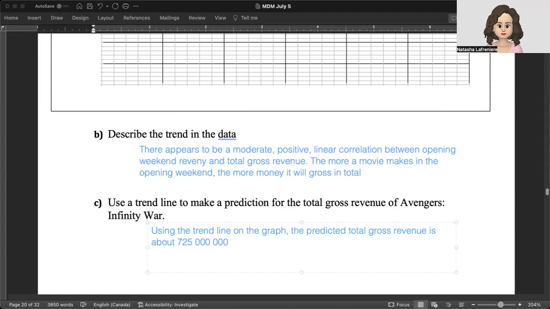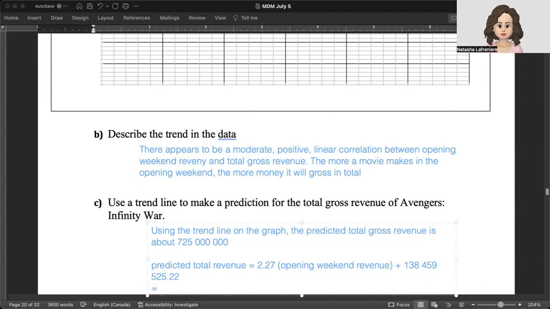One way to find the actual amount is to use the equation: the predicted total revenue is equal to 2.27 times the opening weekend revenue plus 138,459,525.22.